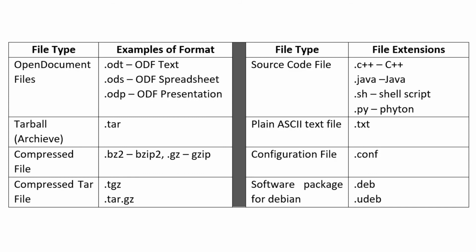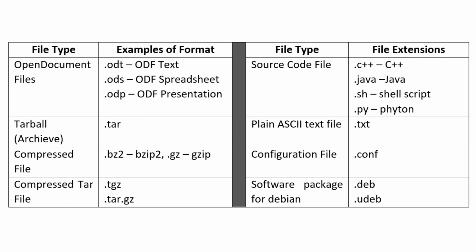We have several more, but these are the ones normally used. The next one is the compressed tar file. This combines the tarball utility and compression, so you can see that it's like a zip file. We are going to see this further in the next lab session.